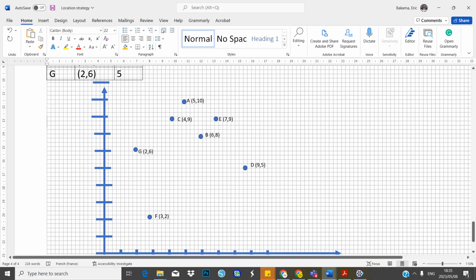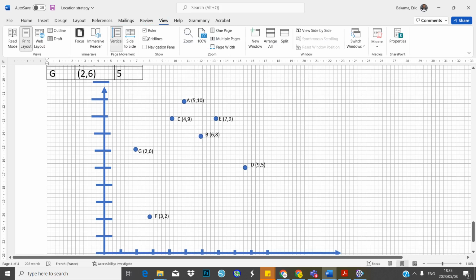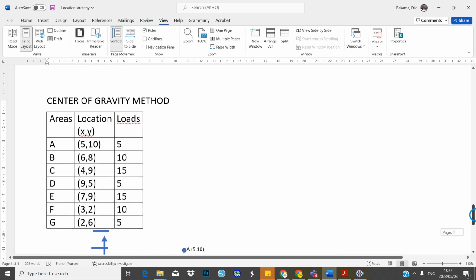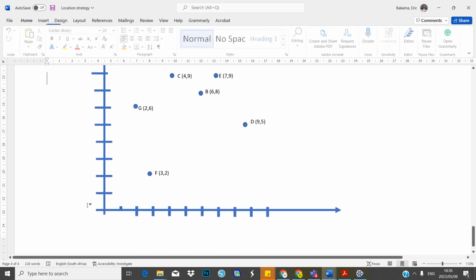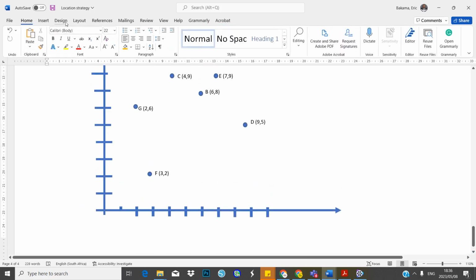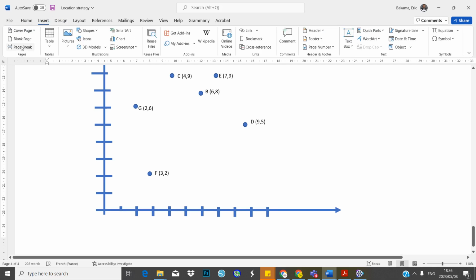So let's go back to the calculation. For now, I'm going to remove the grid line. So the formula, we need to find x and we also need to find y. So what I'm going to do is, okay, we're just going to try on your page.